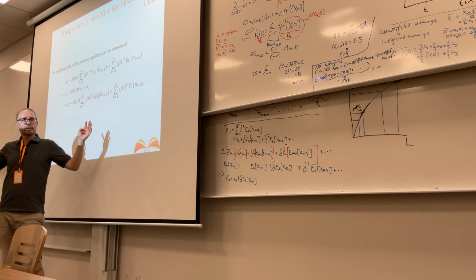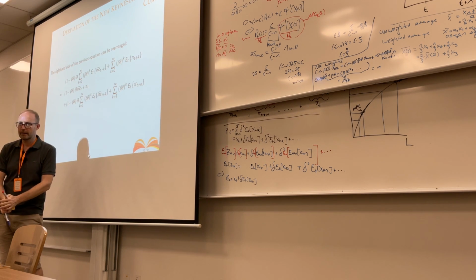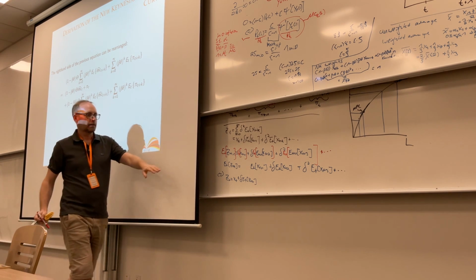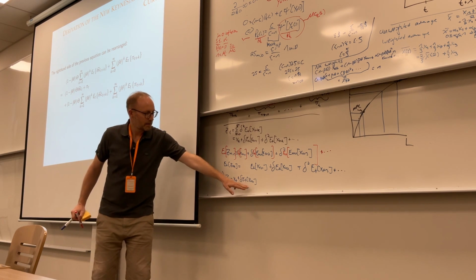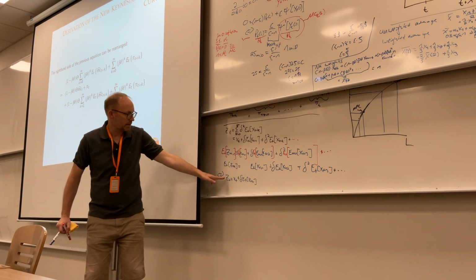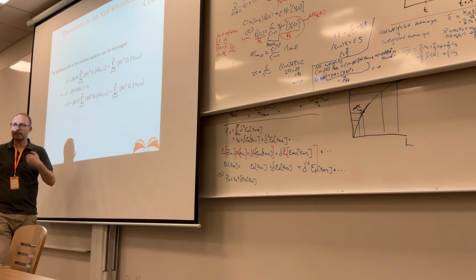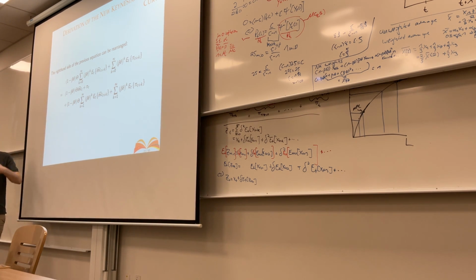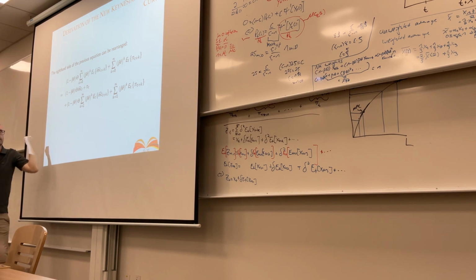We now took this infinite sum and we collapsed it into two terms. The value today, this X_t today, and the expectation of the Z term, so this expectation of itself in the future. This is how we can take these infinite sums and write them recursively.